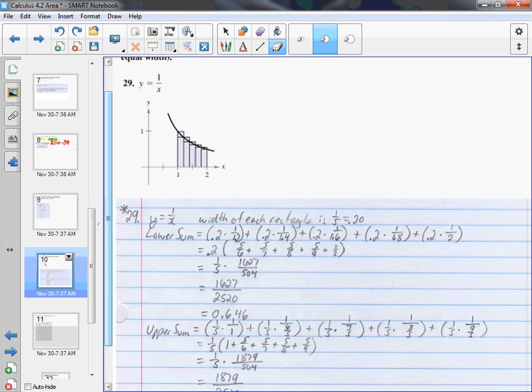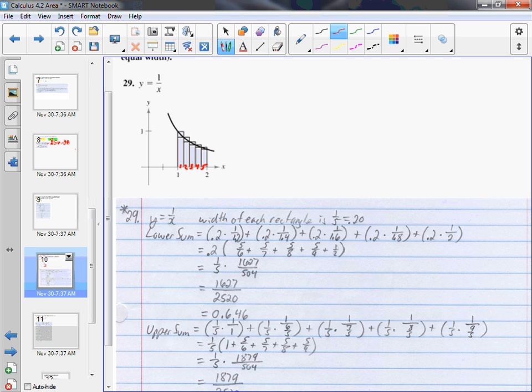So, they've given us 1, 2, 3, 4, 5 rectangles. All right? So what we want to do is find the area of each rectangle and then add those up.